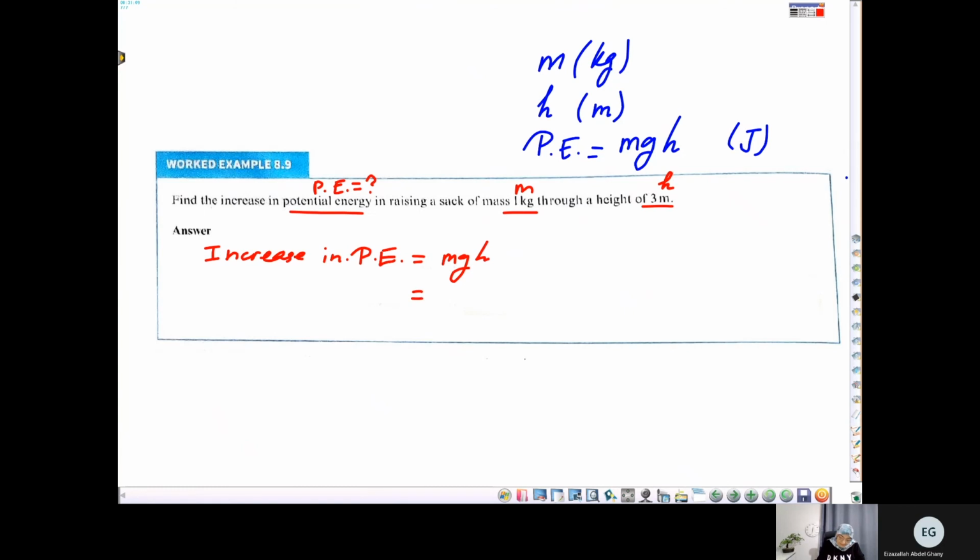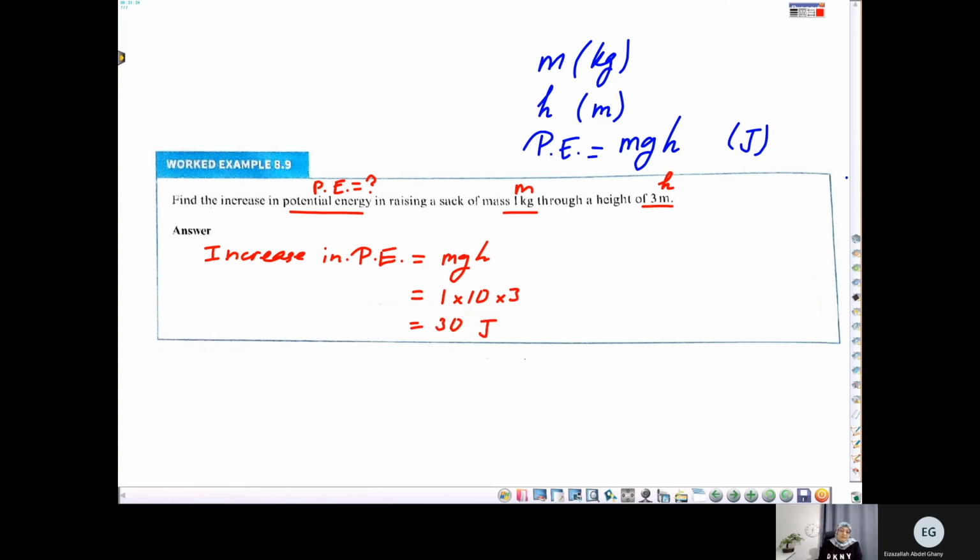Mass is 1 kilogram. What is g? It is the gravitational acceleration, which is 10. And the height above the ground is 3 meters, so it will be 30 joules.